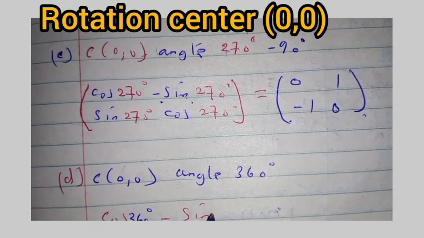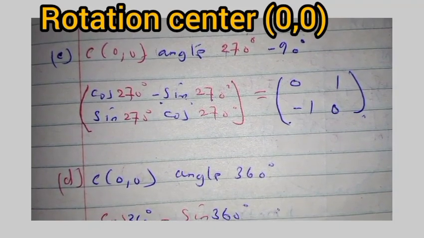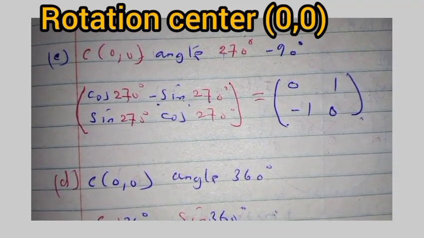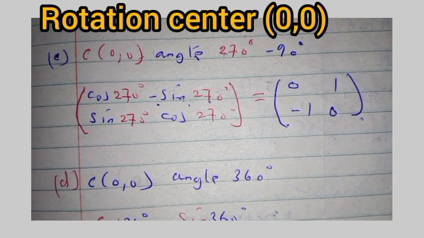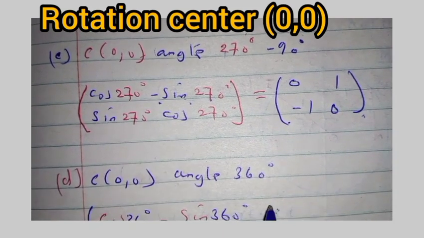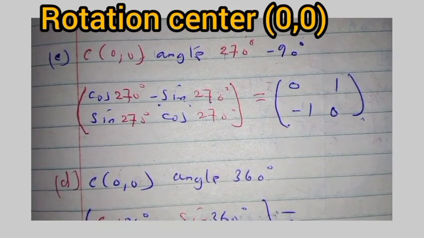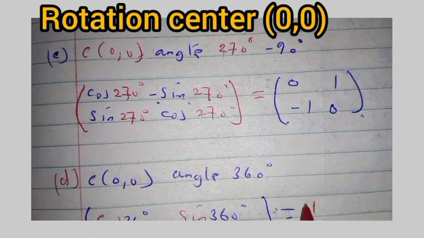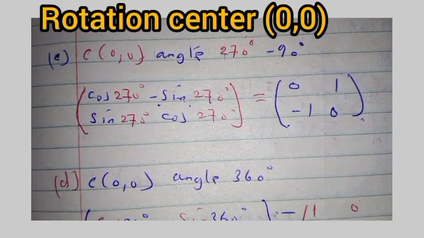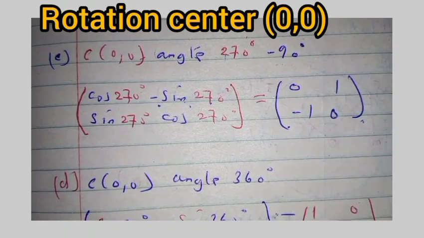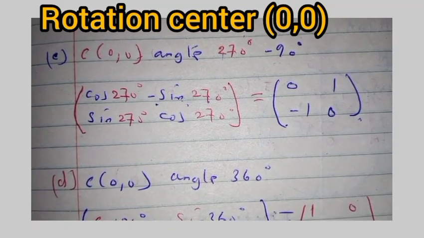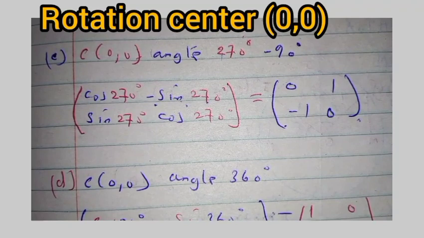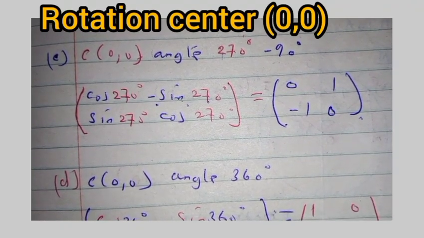From your calculator, you can obtain the cos of 360 degrees, which gives you 1. So the cos of 360 is 1, and the sine of 360 is 0. So 0, 1. Those are the matrices of transformation for these 4 cases.